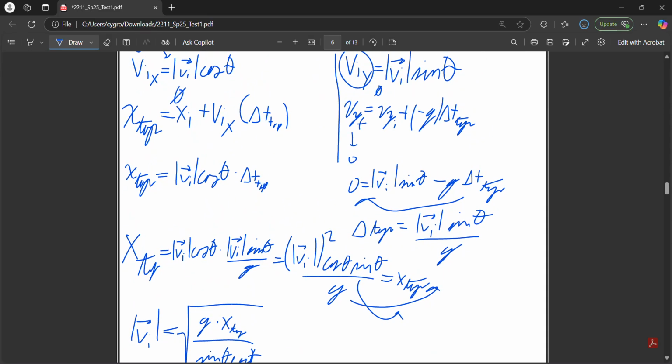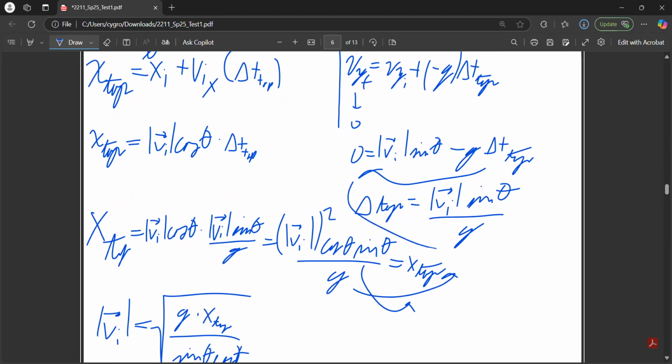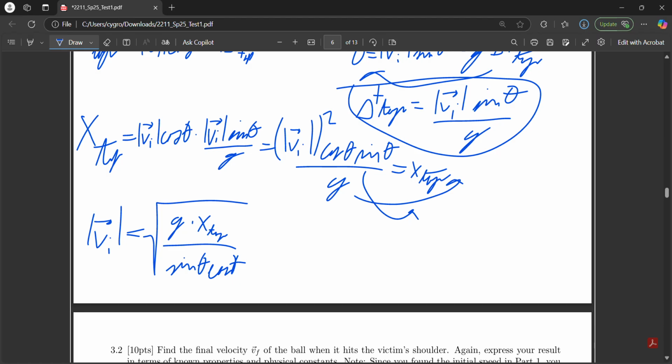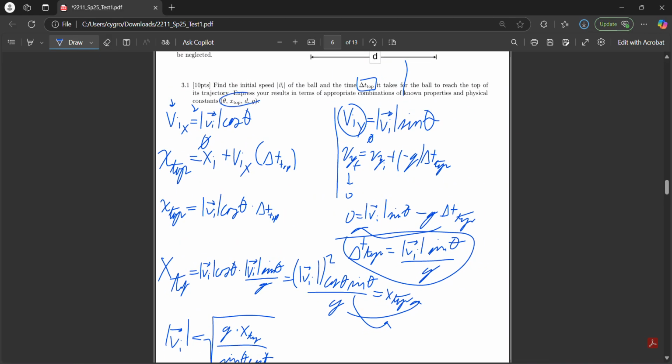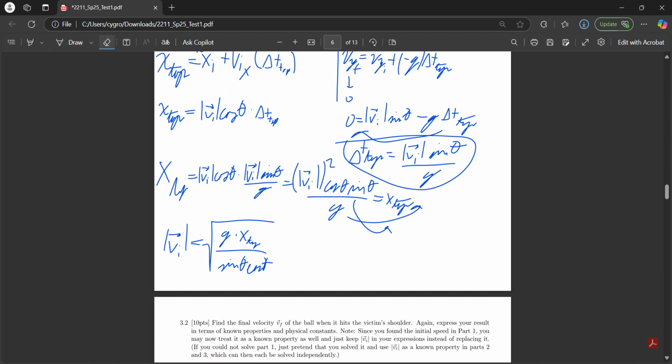Now what we can do is plug that back into our equation for Vy initial velocity. So the change we found earlier, did we find this right? Yes, we found earlier that the change in time to the top is Vi sine theta over g. If we plug back in the vi, then we can find the change in time to the top in our original constants without our velocity.